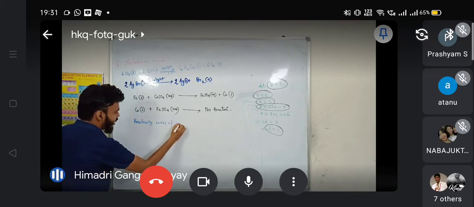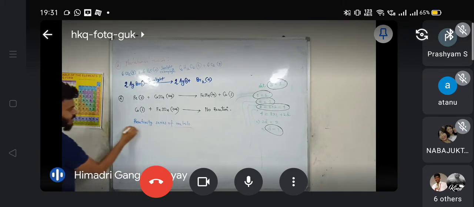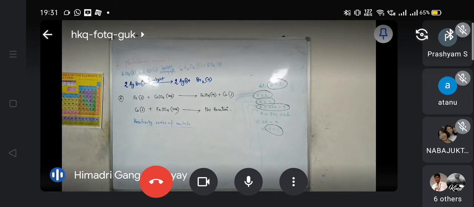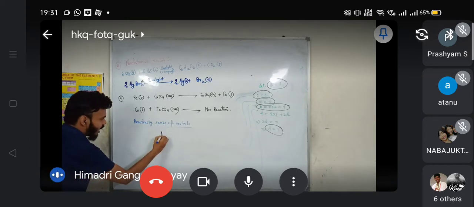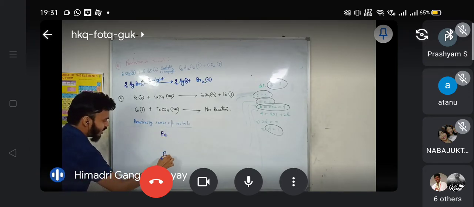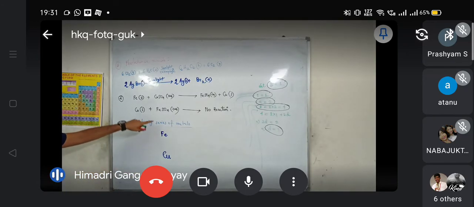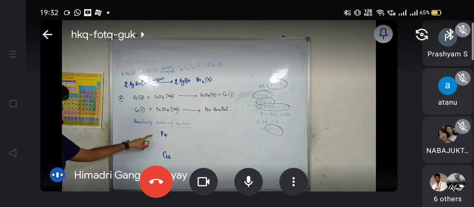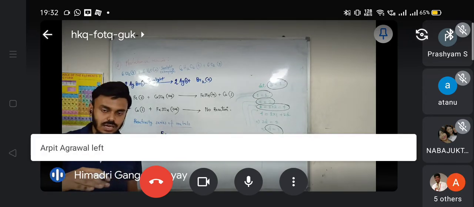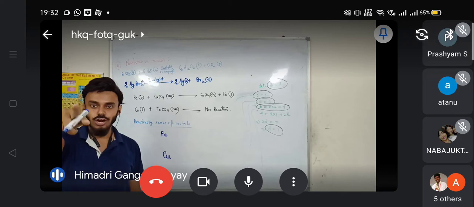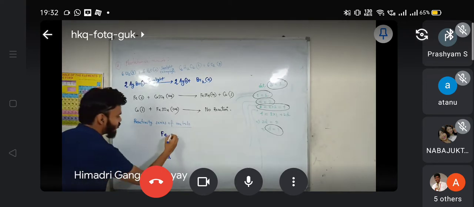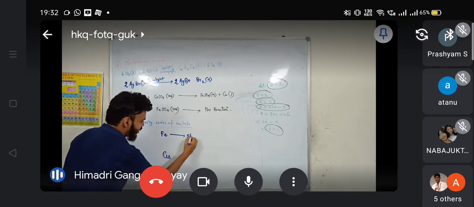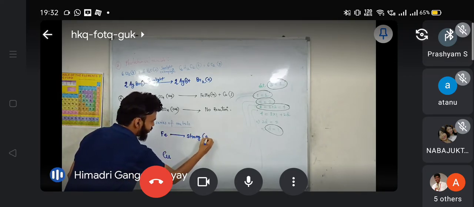The reactivity series of metals is very important in displacement reactions. In the reactivity series, iron is placed above copper. The metal placed above in the reactivity series is called the active or stronger metal. So iron will be a strong metal, or you can use the word active.